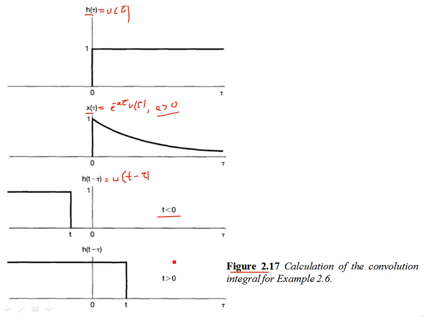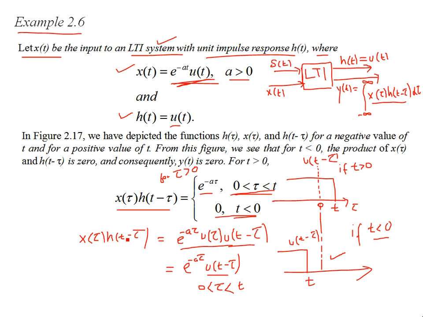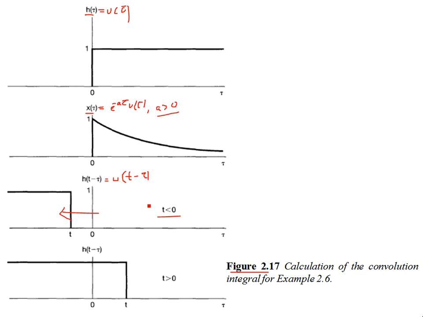So for t less than 0, the shift is towards the left for negative time, but for positive time, the shift is towards the right.